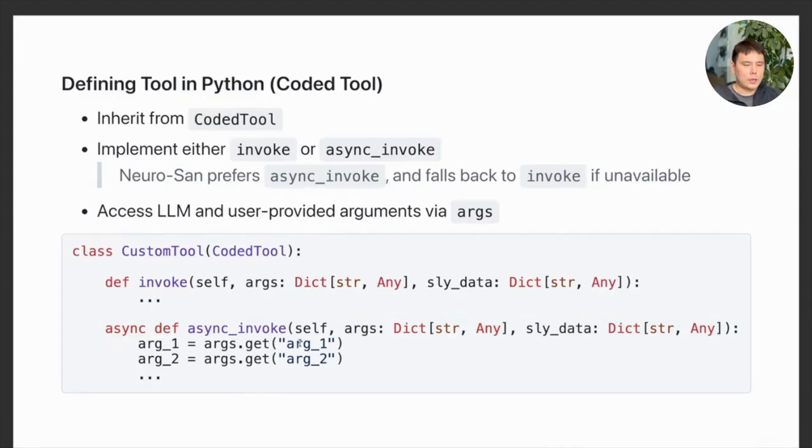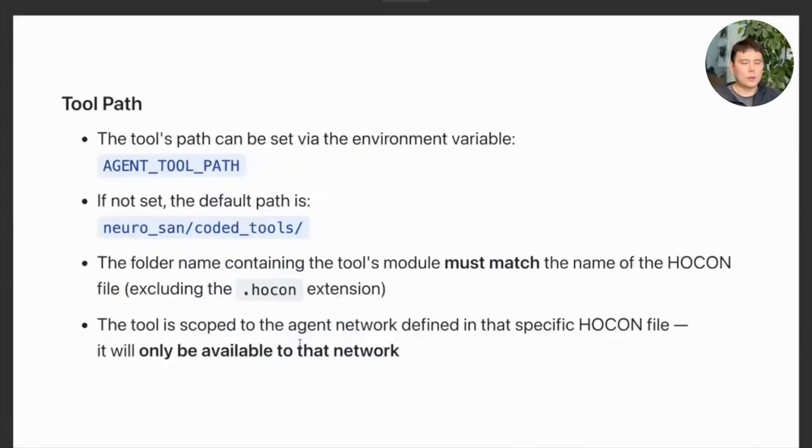The last thing we need to talk about is where the tool is going to be. We have to set the tool path using the environment variable called agent tool path. If the agent tool path is not set, then it will fall back to the default, which is the coded tools folder inside the neuro-san repo.